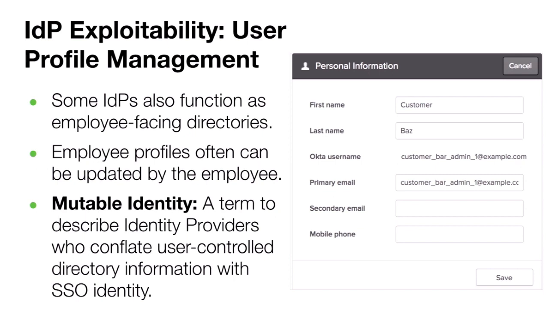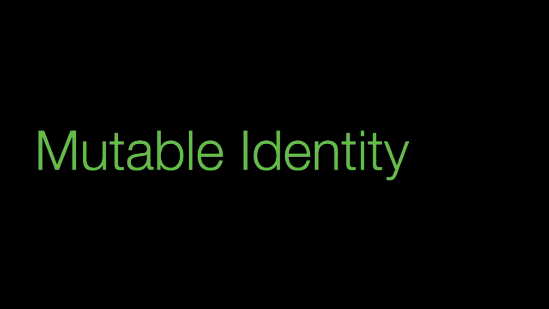In other words, if an identity provider allows a user to edit the data that they then use later for SSO identity, they may have some influence over how they're identified. To describe this particular scenario, I'll use the term mutable identity to describe user profiles that exhibit this behavior. In fact, I think mutable identities are an interesting enough concept that it's worth digging into more, as it can be its own vulnerability class.